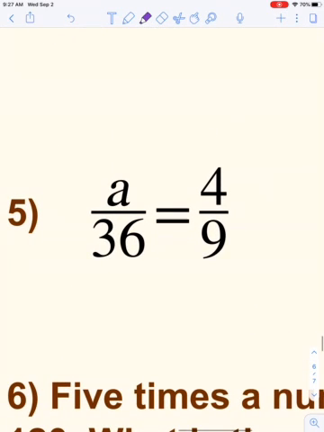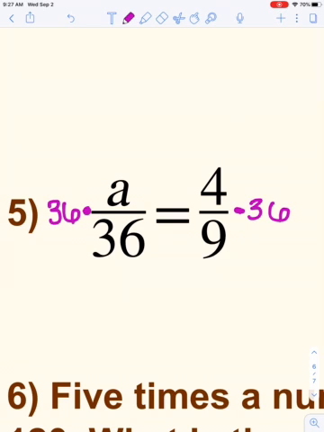So for 5, you have a over 36 equals 4 over 9. So your variable is a. A is being divided because it's a fraction. So a is being divided by 36. The opposite of dividing by 36 is multiplying by 36. So you're going to multiply both sides by 36.